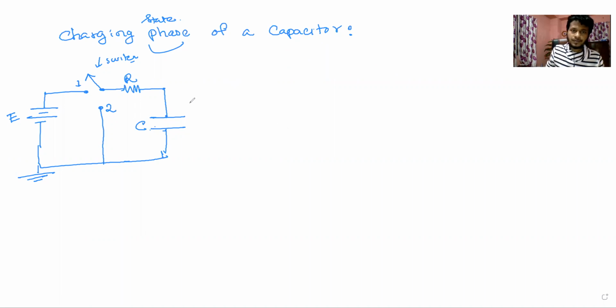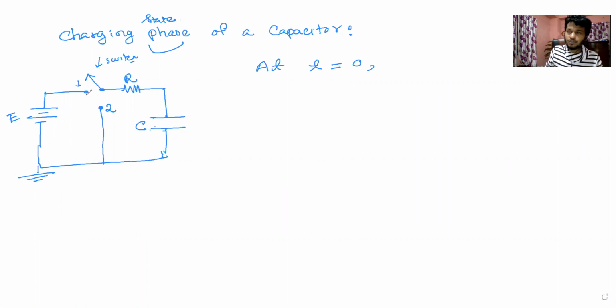Now, initially the switch is open. Fine. Now suppose in order to charge this capacitor at time t equals 0, we move this switch to position 1.